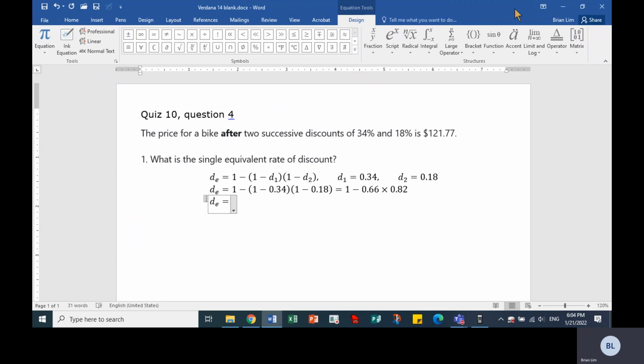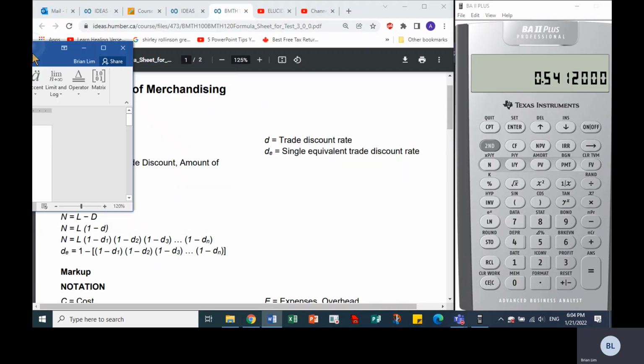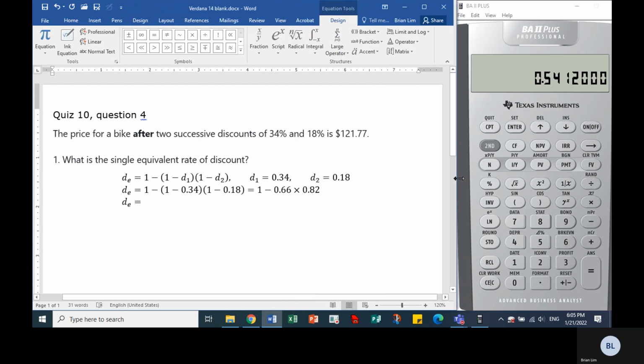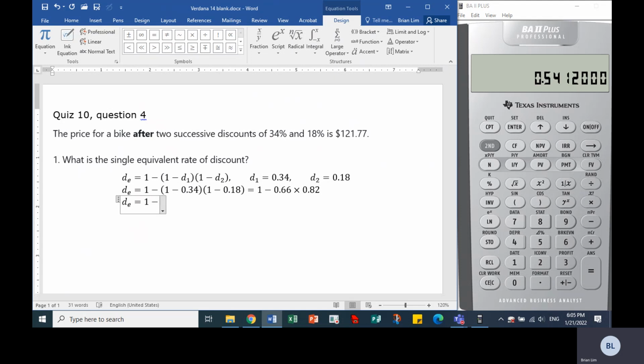We should record that number first so that we can continue the calculation properly. So it's 1 minus 0.5412, which means we make the 0.5412 negative and add that to 1, and the answer would be 0.4588.